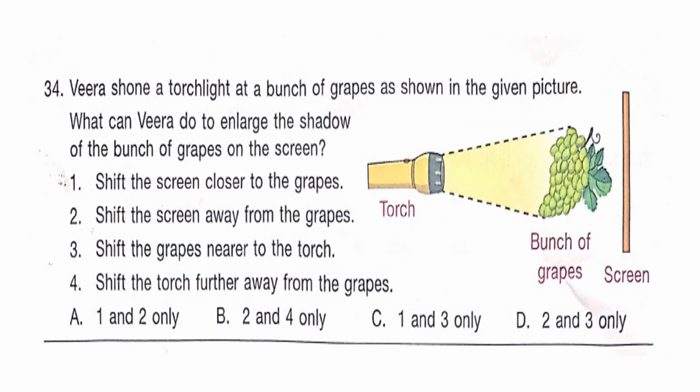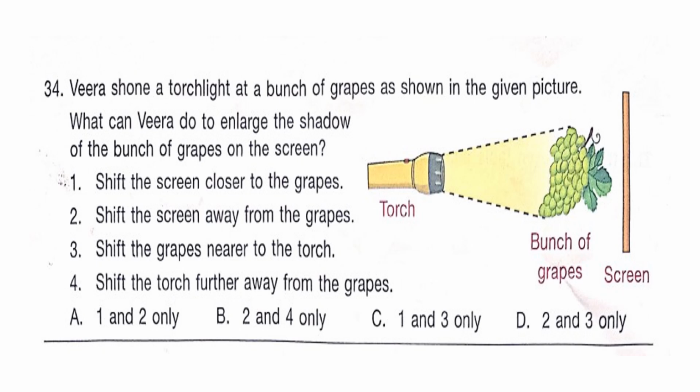Question number 34. Veera shone a torchlight at a bunch of grapes as shown in the given picture. What can Veera do to enlarge the shadow of the bunch of grapes on the screen? Statement 1. Shift the screen closer to the grapes. Statement 2. Shift the screen away from the grapes. Statement 3.